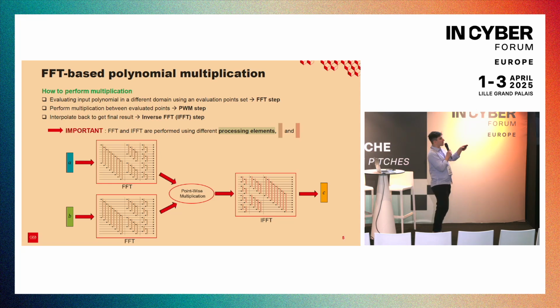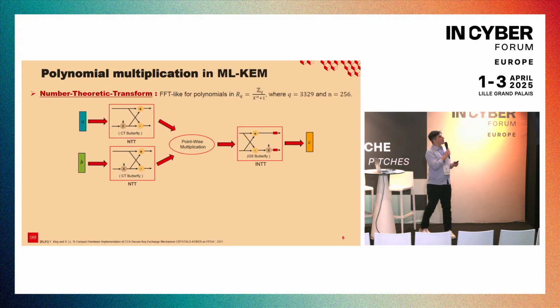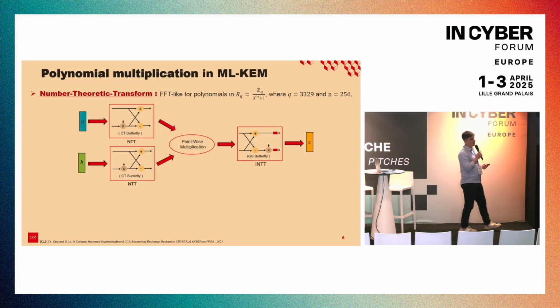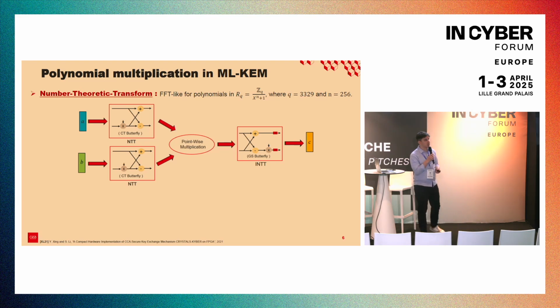What is interesting to see is that in the FFT and in the inverse FFT steps, the operation follows a regular structure, and it relies on the utilization of what we call the processing element. If we take the case of the number theoretic transform, we always rely on an FFT-based polynomial multiplication, where this polynomial multiplication is performed on a finite field.